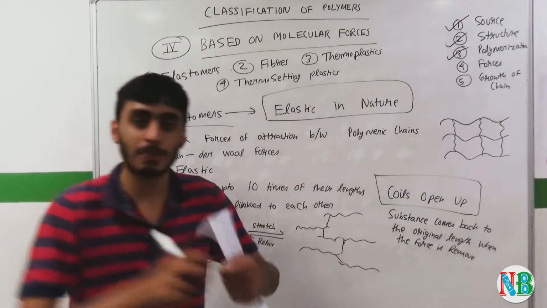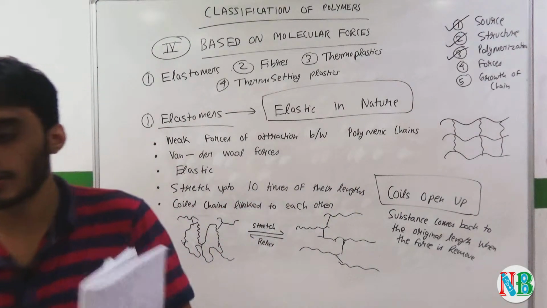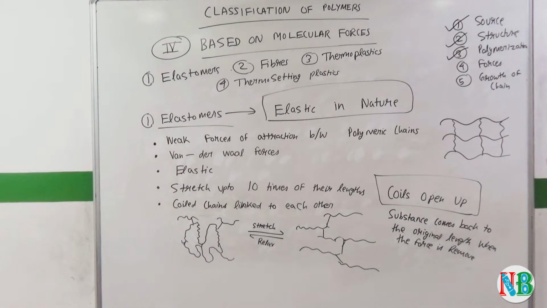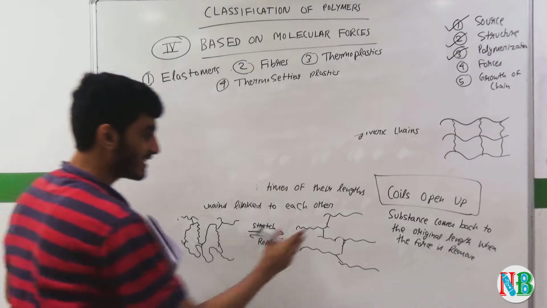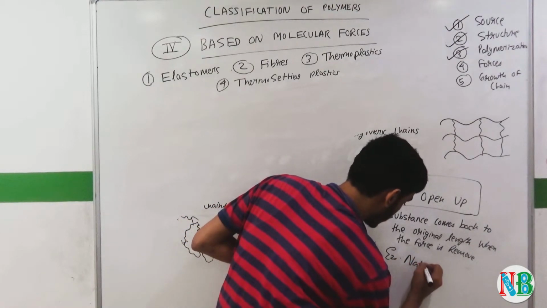So you can expand it, then it goes back to its length, then again expand it, again back to its length. So under this section, the example was rubbers.